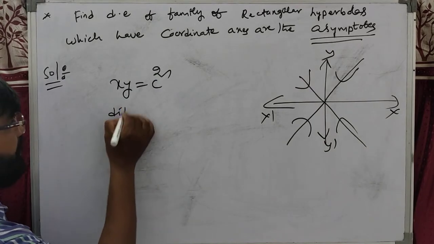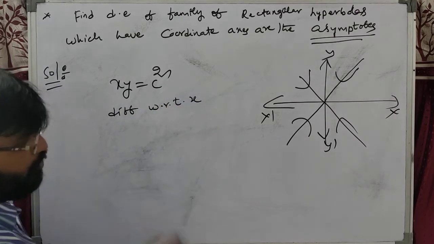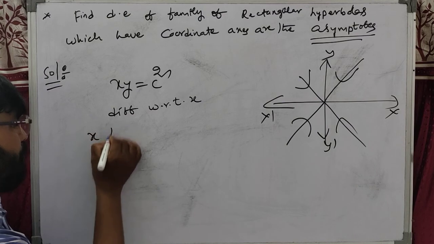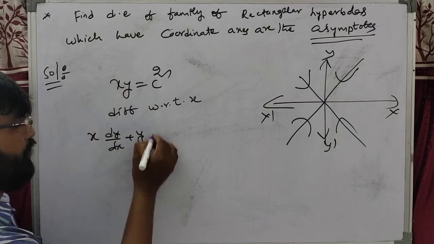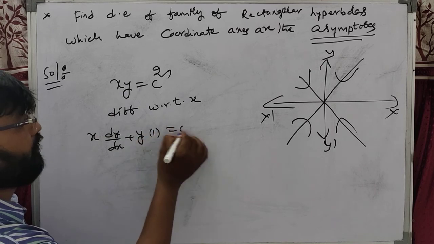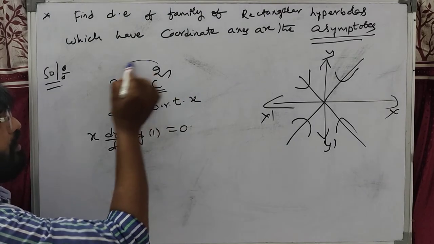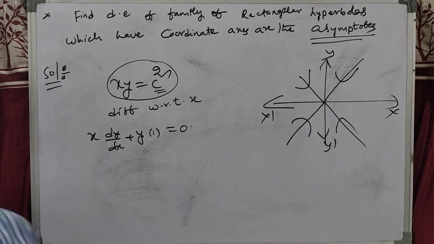Therefore, differentiating with respect to x, we get x into dy by dx plus y into the derivative of x, which is 1, equal to the derivative of the constant, 0, where c is the arbitrary constant. Dear students, you can identify the equation after completion of the hyperbola.